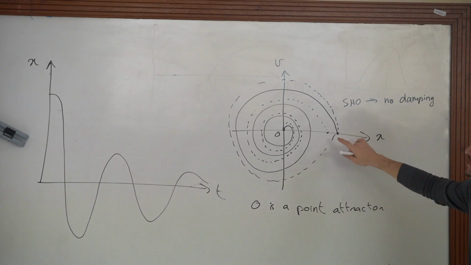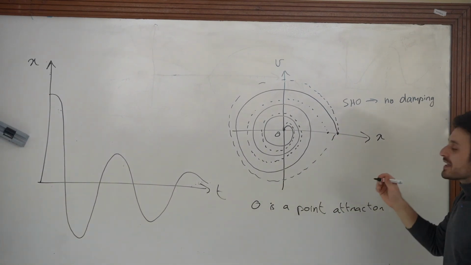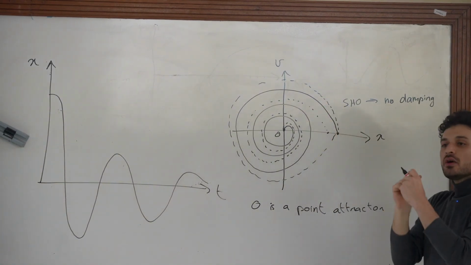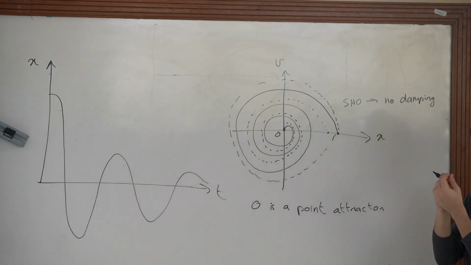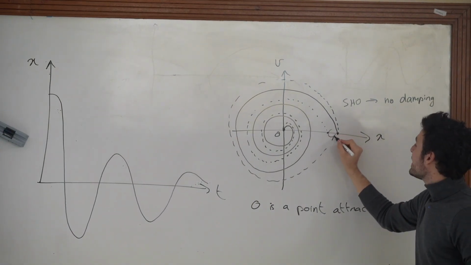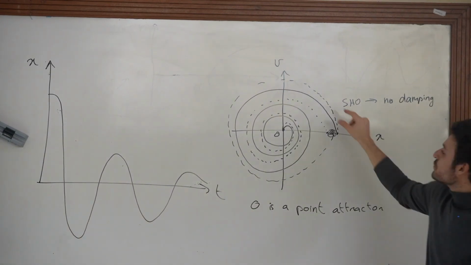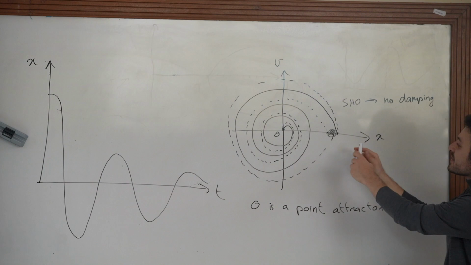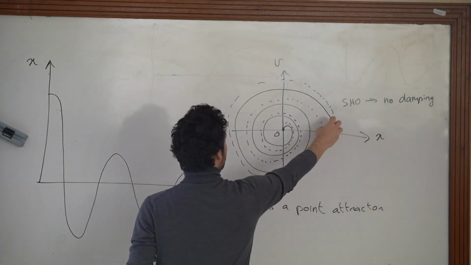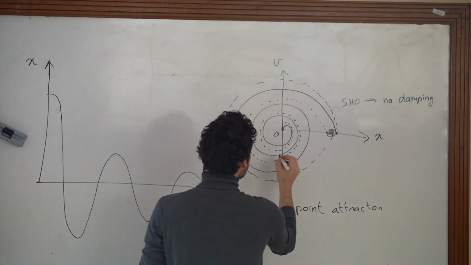But here something interesting is happening, right? If you were to look, instead of just the lines, let's look at the way that the phase space, so the area, a patch here, behaves as it goes through the orbit, right? Well, you can see that if you have a patch here, as it evolves, it's going to become smaller and smaller.